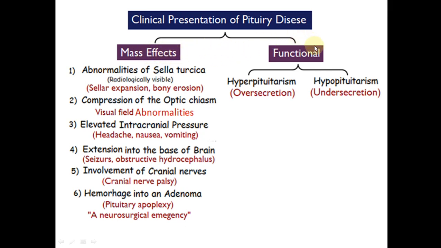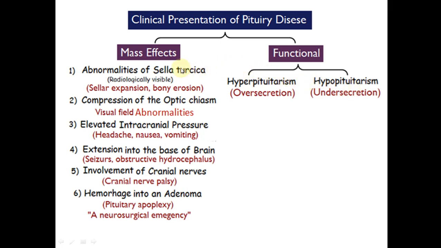In a functional adenoma, where the tumor is secreting excess hormones, it will lead to hyperpituitarism, excess secretion of the hormones. And in some diseases of the pituitary gland, particularly when the gland becomes atrophic, there will be hypopituitarism, or under secretion of the pituitary hormones.